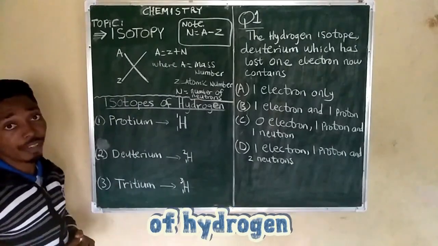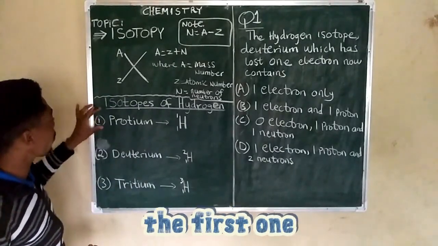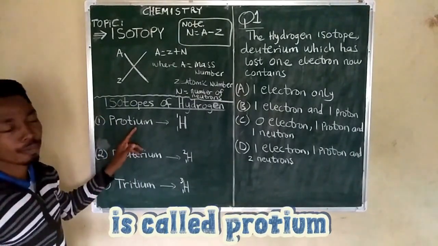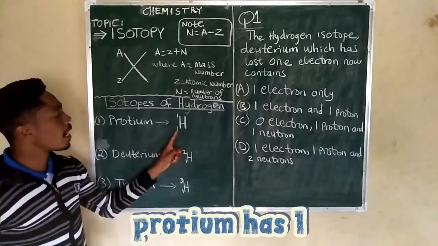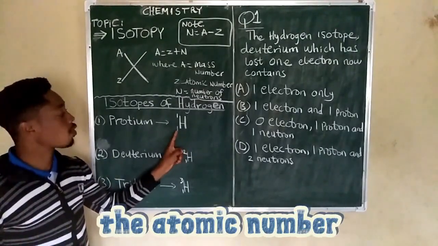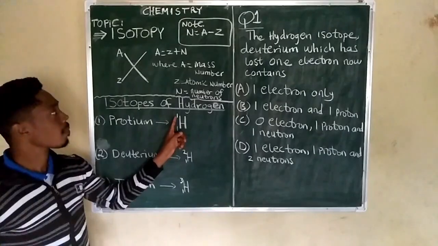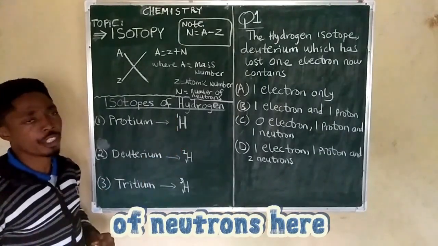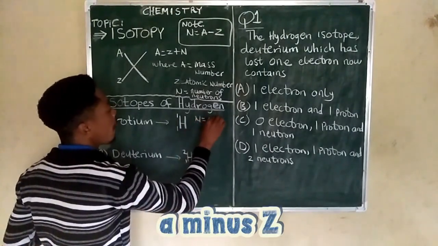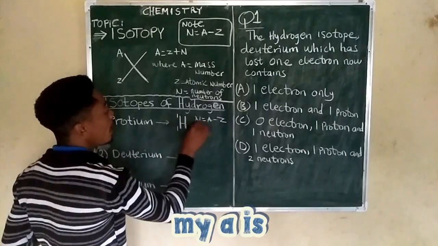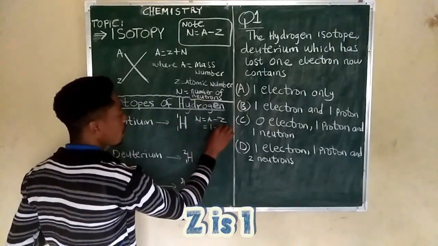The 3 isotopes of hydrogen, as a consequence of what I have said: the first one is called protium. This is how it is represented. That means that protium has atomic number 1 and mass number 1. So what would be the number of neutrons here? The number of neutrons would be A minus Z. My A is 1, minus my Z which is 1.